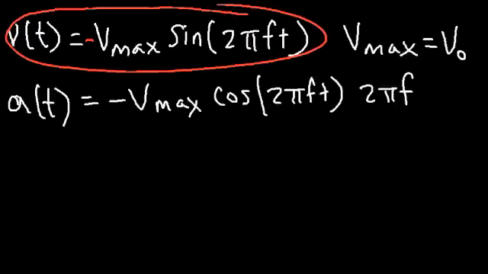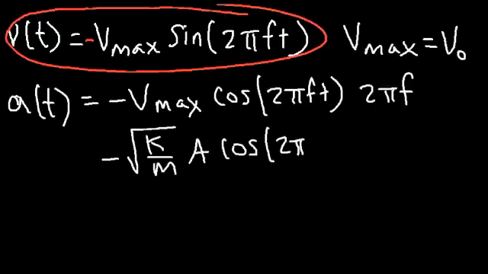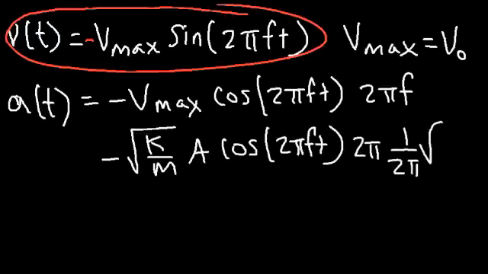Now let's replace Vmax with what we wrote before. We said it's equal to negative square root k over m times a. And the frequency, as we mentioned before, is 1 over 2 pi square root k over m. So we can cancel 2 pi. k times k is k squared, and m times m is m squared.